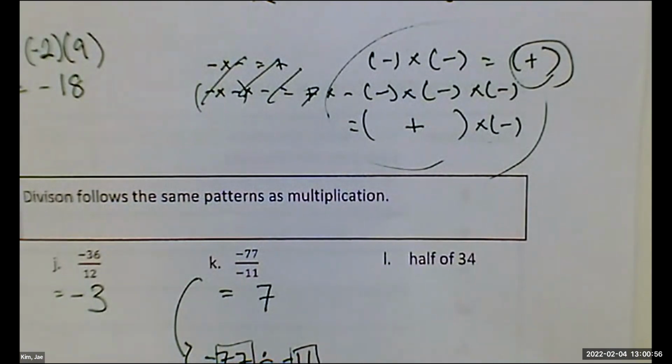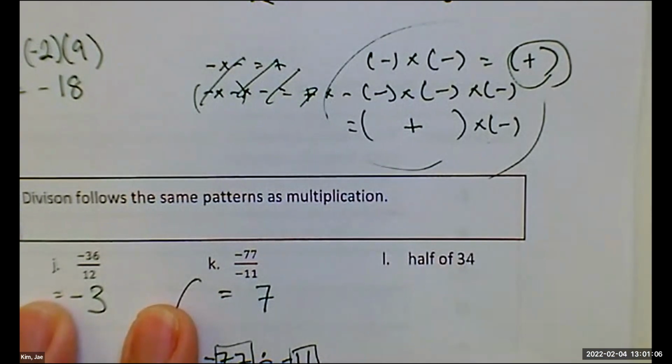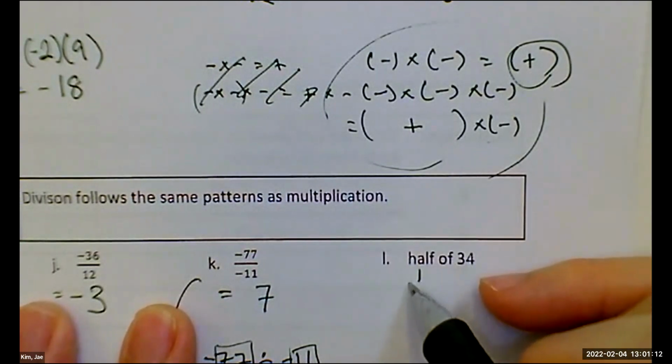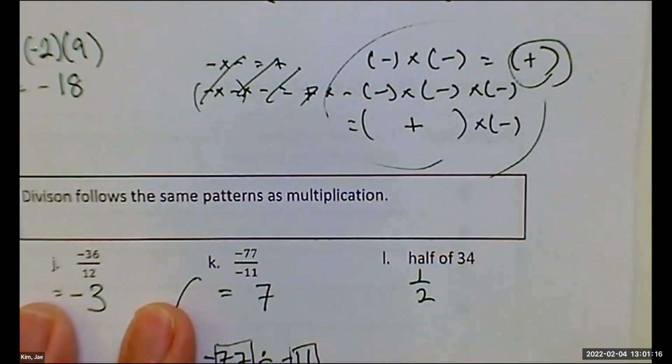Half of 34. Remember, we said math was a language. There should be a link between English and numbers. Half. How do we represent that mathematically? There's 2 different ways you can say it. One is divided by 2. That represents a half of something, half of a pizza, half of a cereal bowl, half of whatever.